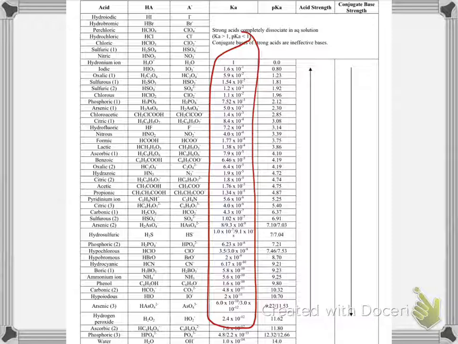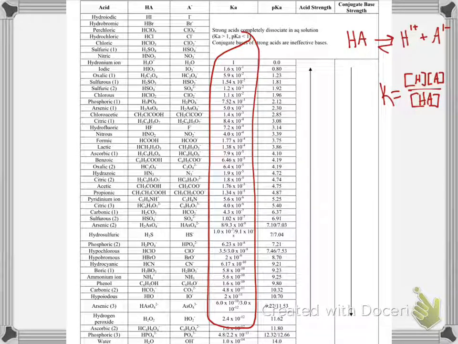And the reason why that is because the stronger the acid, the more it will push towards the product side. If you take a look here, if we have some acid, and as this acid becomes products, you can see that the larger the K value, so if the K value is larger, how do we make the K value larger?